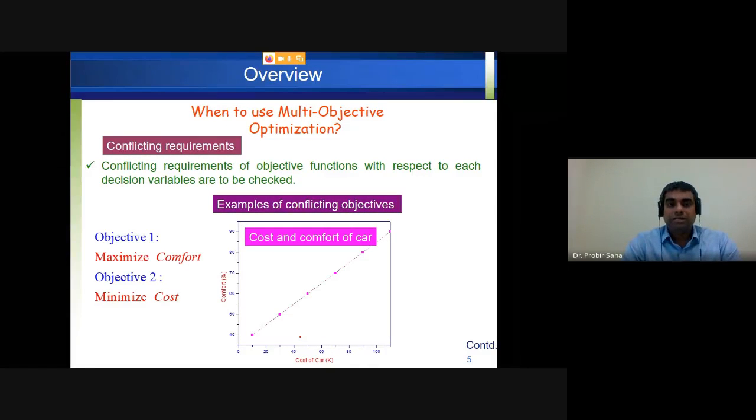So I have used one terminology, which is conflicting objective functions. What do you mean by conflicting objective functions? This is a very good example. We have a relationship between comfort, which is given in percentage, and the cost of a car.